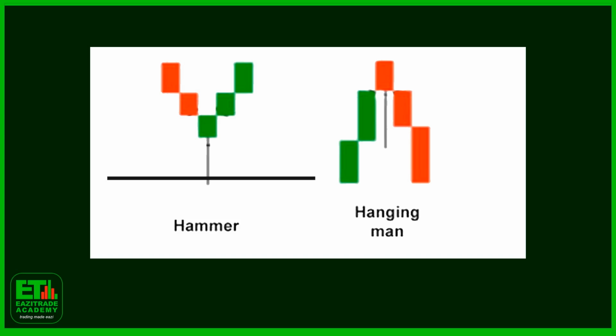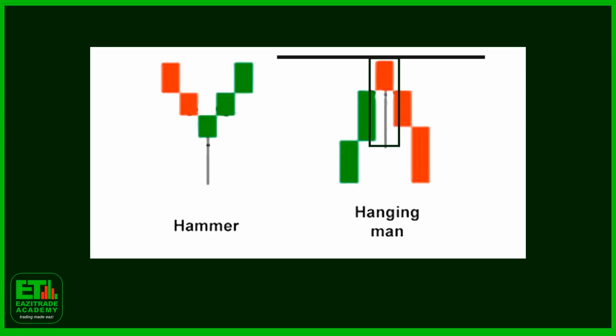But this is a hammer that is found at the resistance zone. So we don't call it hammer in this case, we call it a hanging man, a hammer that is hanging. So when you see this particular candlestick pattern formed at the resistance zone, it is a signal that the market is about to change direction.